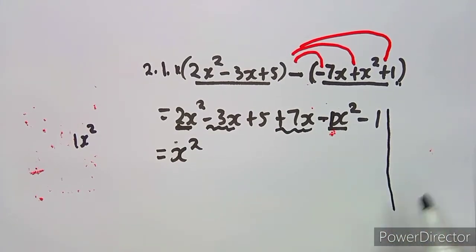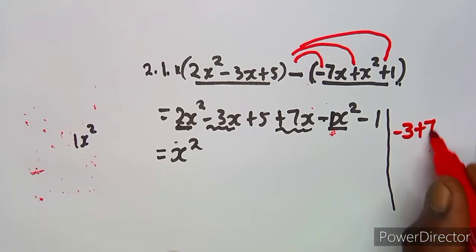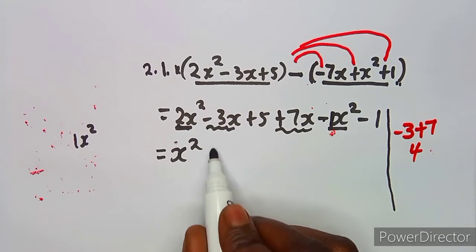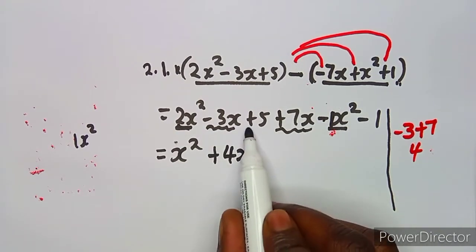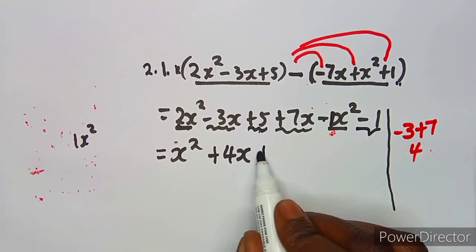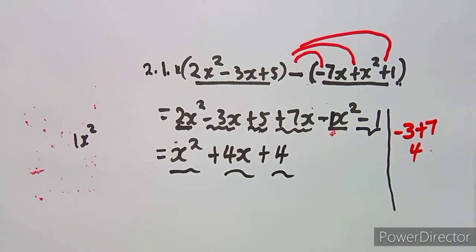You can just add, even using your calculator this time, no problem. Minus 3 plus 7 gives you 4, so you're going to have 4x. Then we are left with 5 and minus 1. So it's 5 minus 1, which gives you a 4. So that is what you're going to obtain.